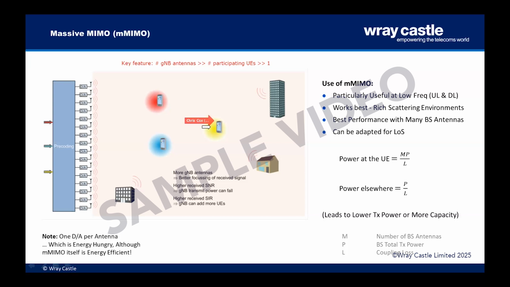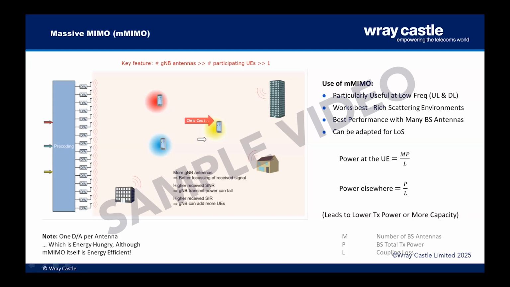Essentially, compared with the previous description of multiple user MIMO, the side lobes are now sufficiently low that we don't have to worry about them anymore, and we don't really need to steer the nulls anymore. We can just plonk the mobiles wherever we like. The side lobes are low, so the interference is low.